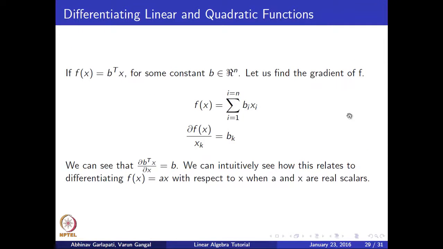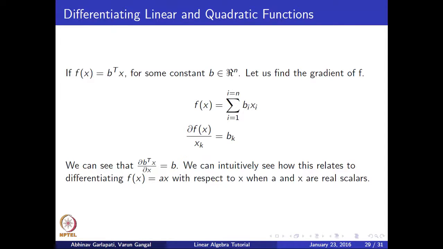Now let us study how we can find the gradient for some simple vector functions. Consider the function f of x equals b transpose x, where x is an n-dimensional vector and b is also an n-dimensional vector. f of x can be written as the sum over i equals 1 to n of bi xi.